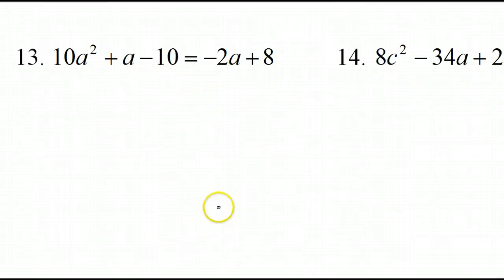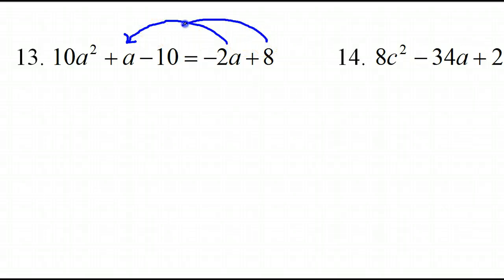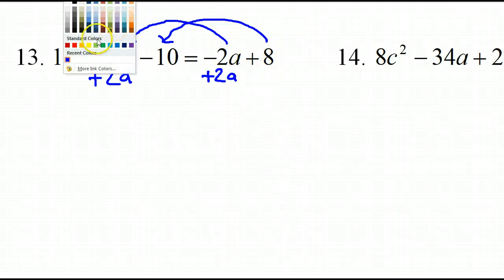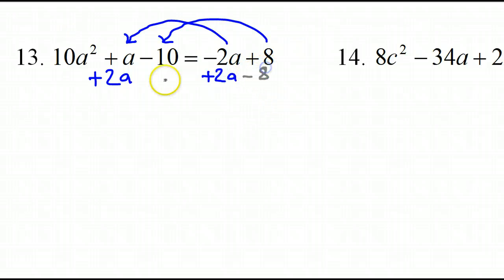Alright, let's keep going. Here comes number 13. Alright, we need these terms over here. So I am going to add 2a to both sides. And similarly, I am going to subtract 8 from both sides.